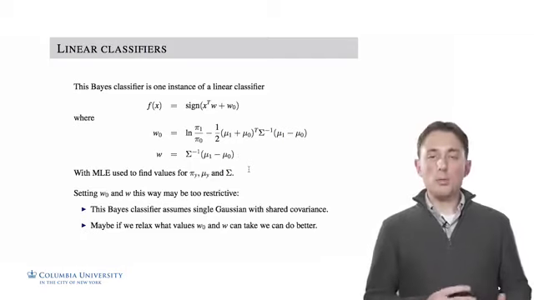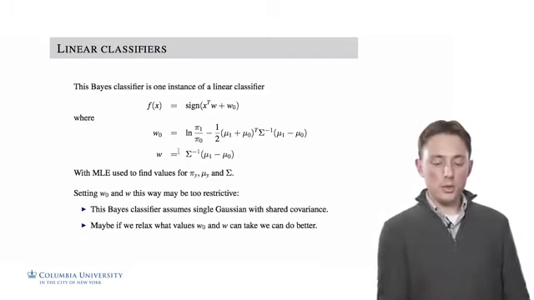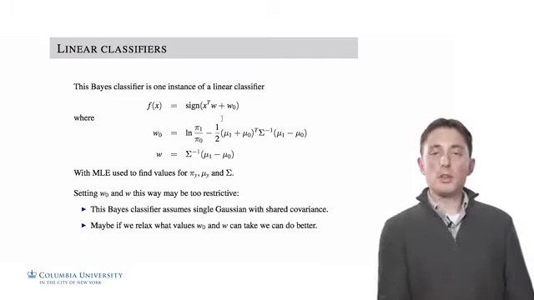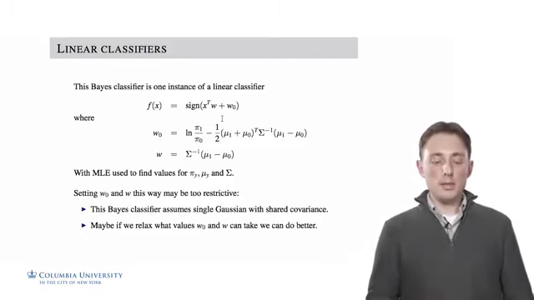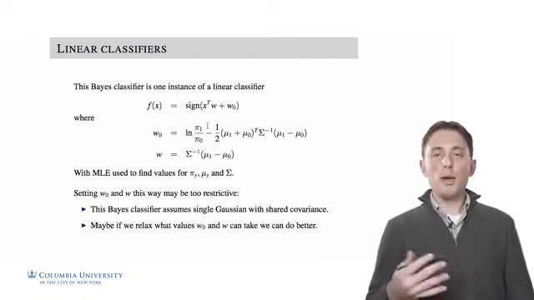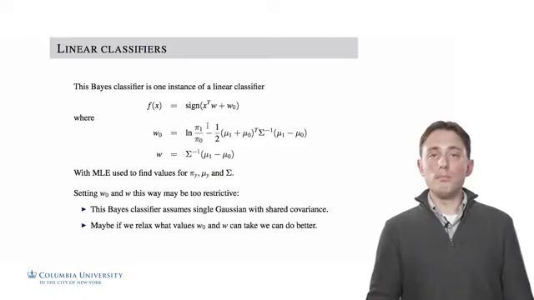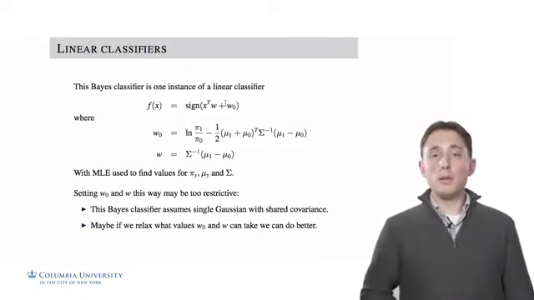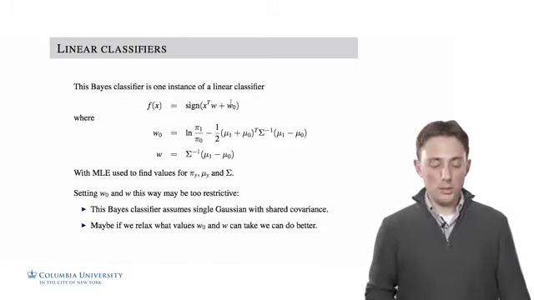Okay, so the form of w and w naught is restricted to having to be functions of the class-specific means, the shared covariance, and the class priors. But we might want to think of binary linear classification in more general terms, where we put no restrictions on w and we put no restrictions on w naught.